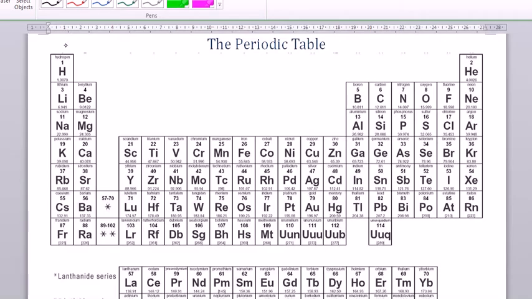So for example, lithium, sodium, potassium are all in group 1, the alkali metals, and have 1 valence electron. Beryllium, magnesium, calcium and so on are in the alkaline earth metals and have 2 outer electrons, whilst fluorine, chlorine and bromine on the right side of the table are the halogens and have 7 outer electrons.